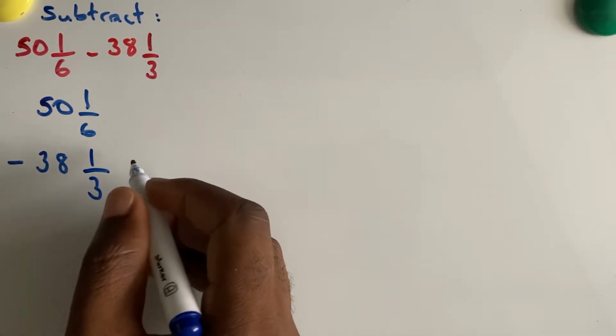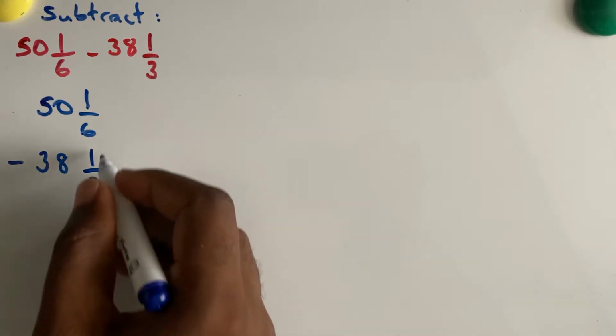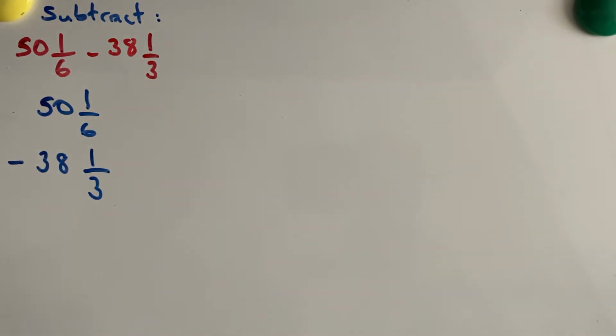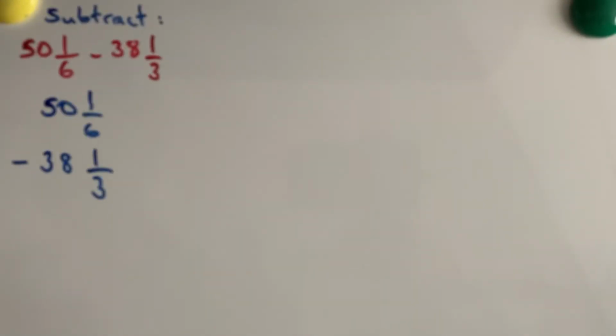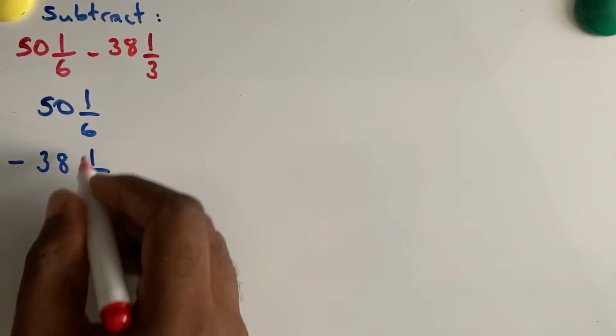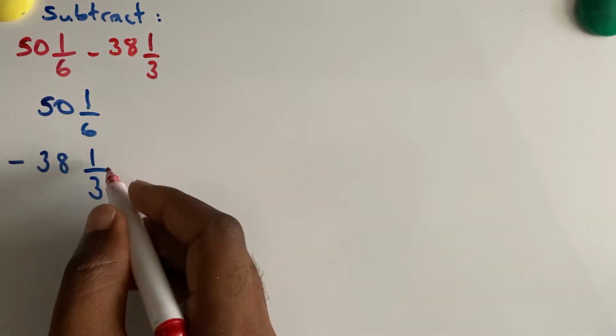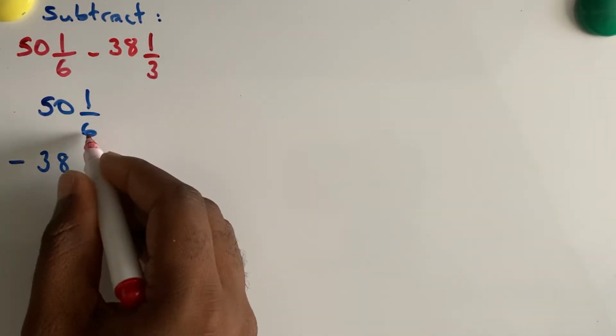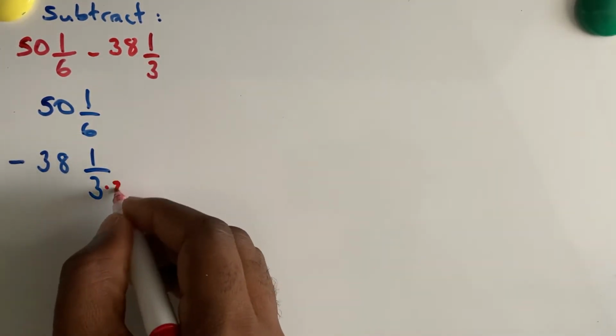As you can see, they have different denominators. So what you can do first is get the same LCD here. I'm going to multiply top and bottom here by 2 because 6 is the LCD.